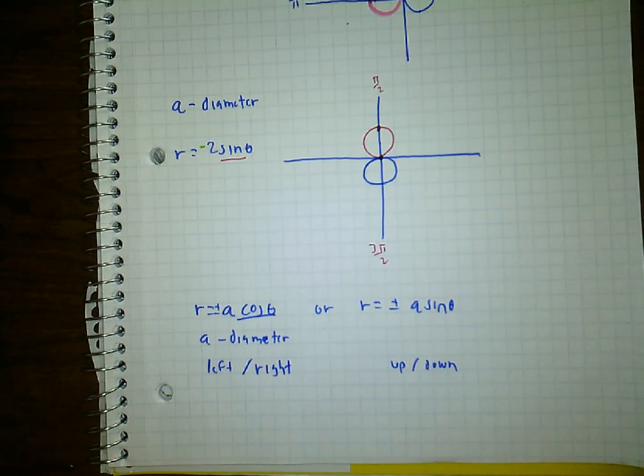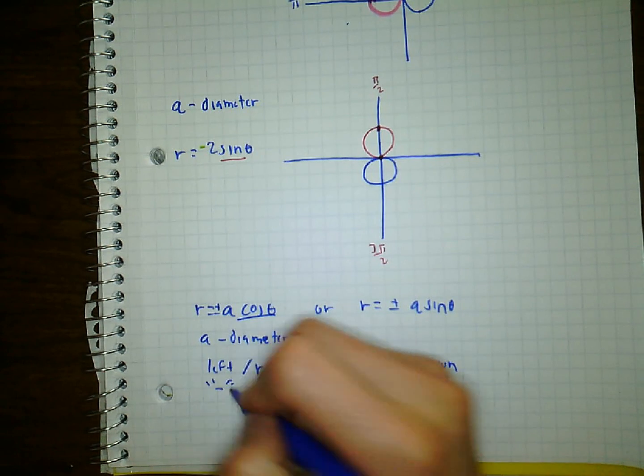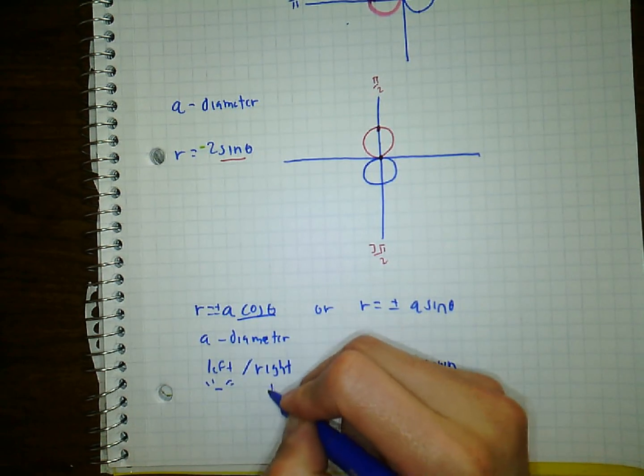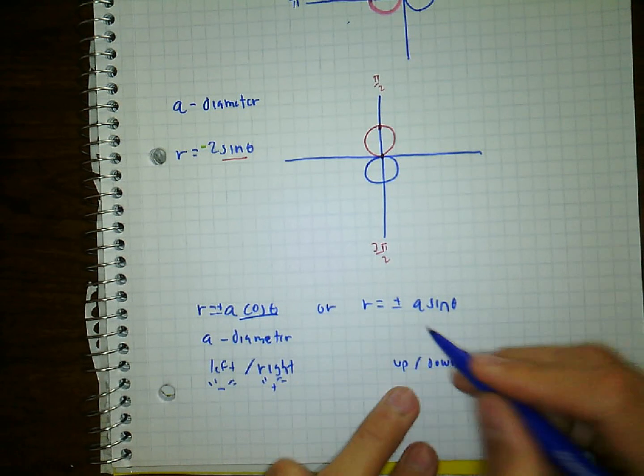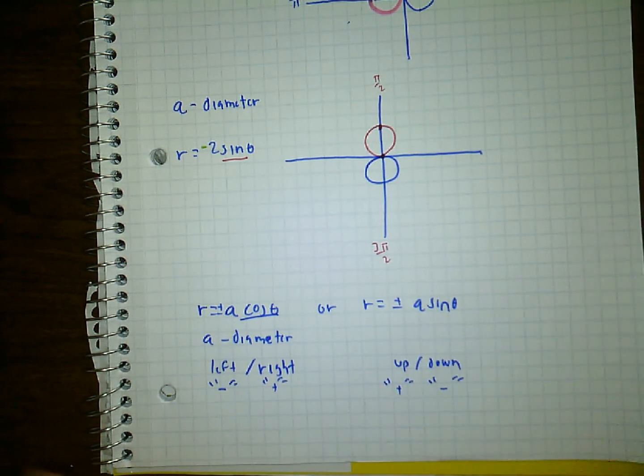For cosine it is going to be left if it is negative, and to the right if it is positive, and for sine it is going to be up if it's positive and down if it's negative.